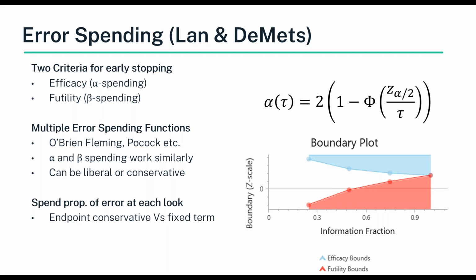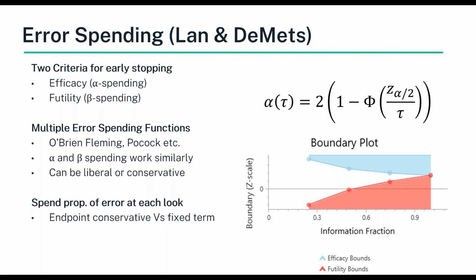And effectively, the alpha and beta spending functions work very similarly under the hood, and they can be either very liberal or very conservative, which is to say that they can either be quite liberal in terms of allowing the trial to stop early, should significant effects be observed, or they could be quite conservative in that the early boundaries will be quite difficult to cross, and so they'll be far more similar to a fixed term trial.